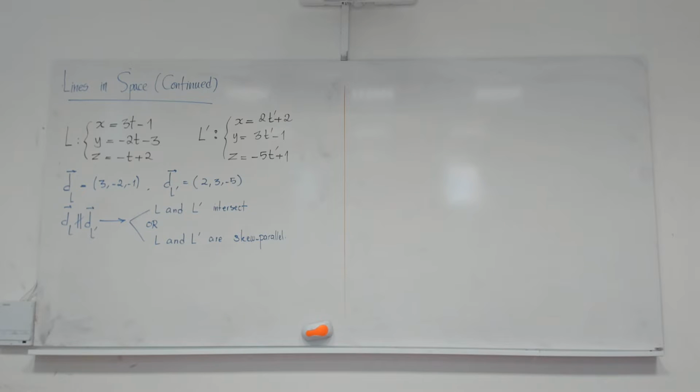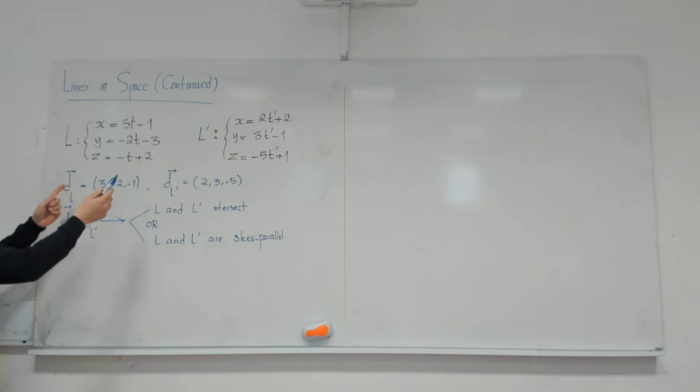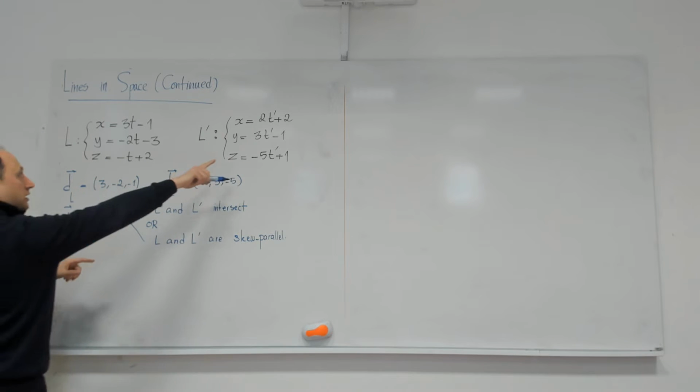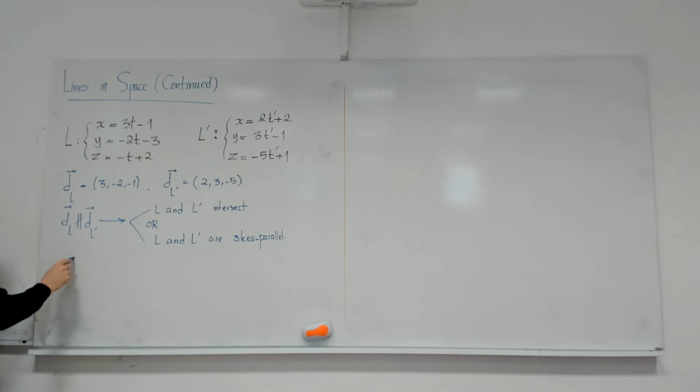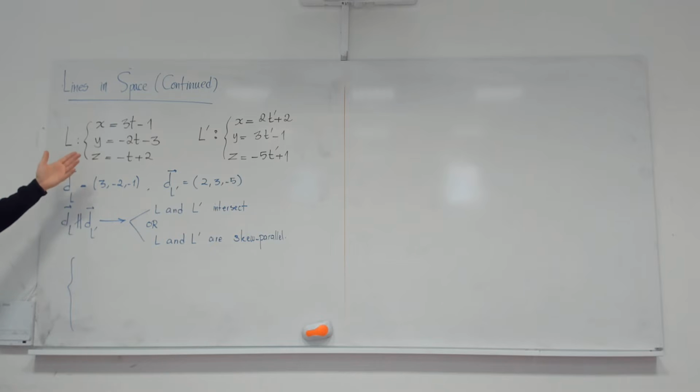So the point is that when you want to find the intersection, you need to consider this line and that line in a single system. The first one is the equation of the first line, which consists of three equations itself.